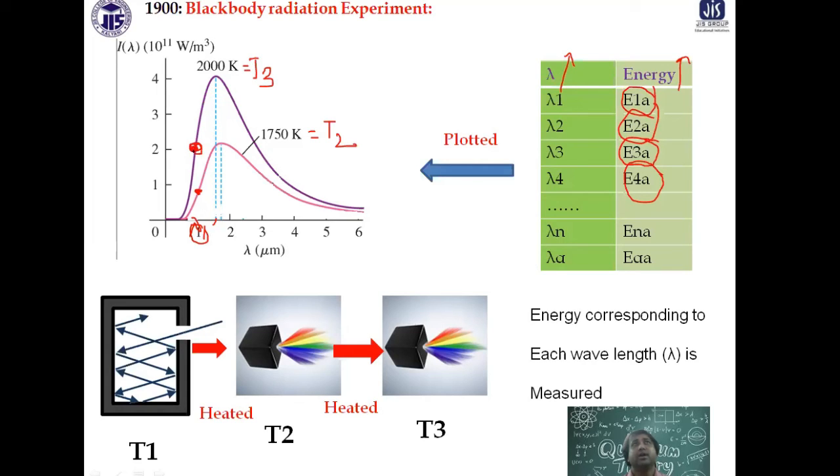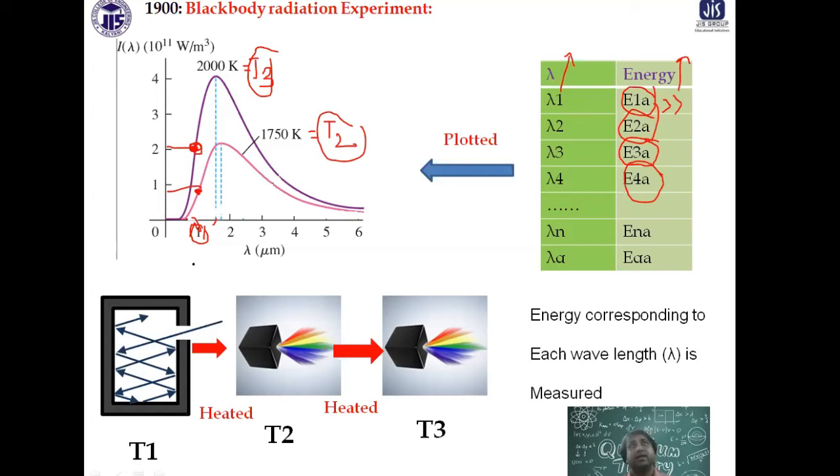So at T3, you are getting more energy compared to the case of T2. The E1A values are getting higher compared to the energy that we obtain at a lower temperature. So that is the first observation.